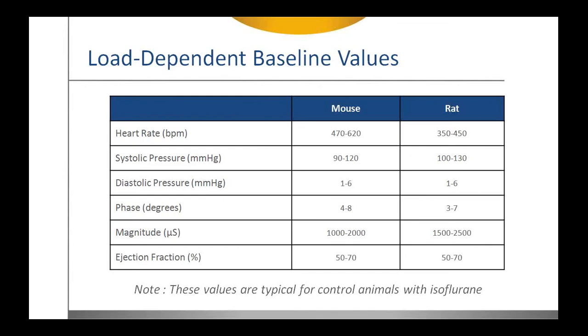Phase between 4 and 8, yes, we basically covered between 2 and 8; 4 to 8 is appropriate also. Magnitude between 1000 and 2000, and ejection fraction between 50 and 70. Those values are typical for an animal under isoflurane anesthesia. I also put values for the rat on the right-hand side. I will not cover them, but you can use them for your own baseline data.